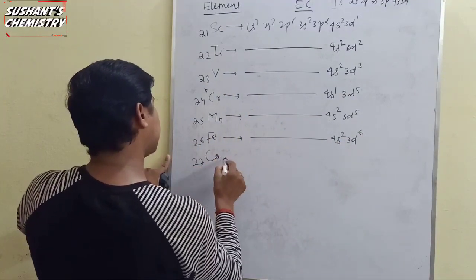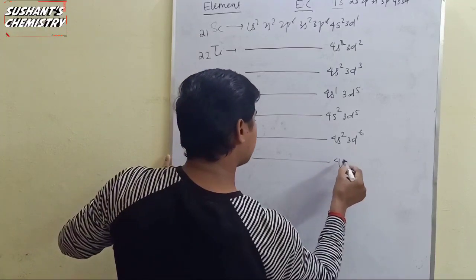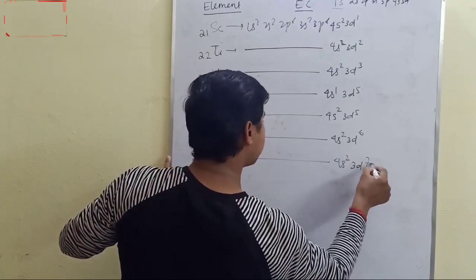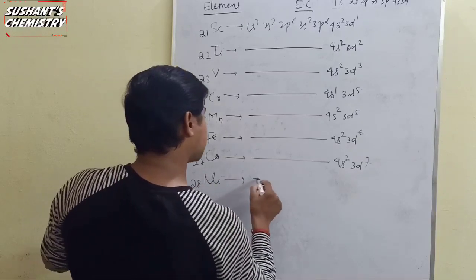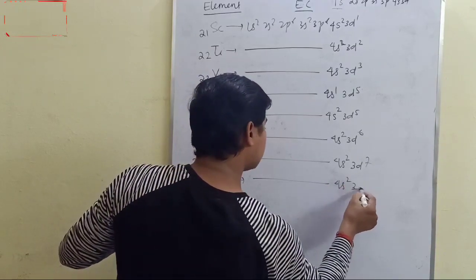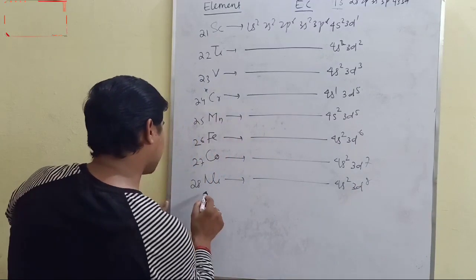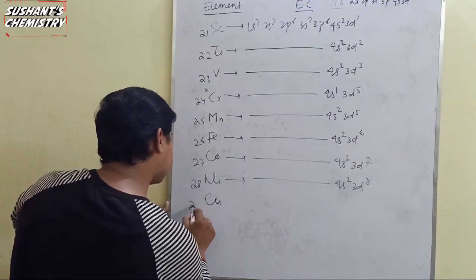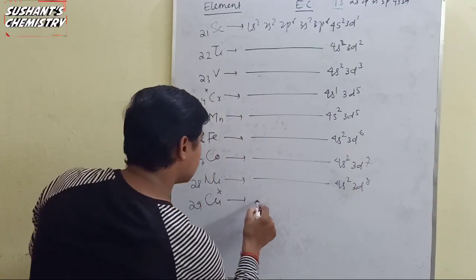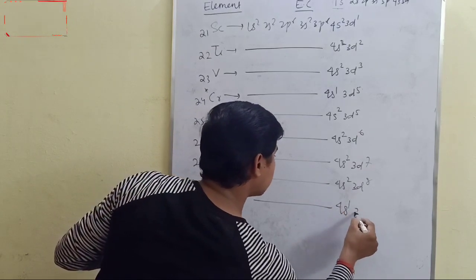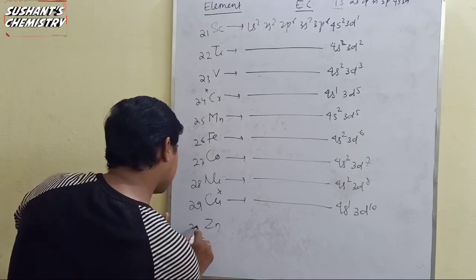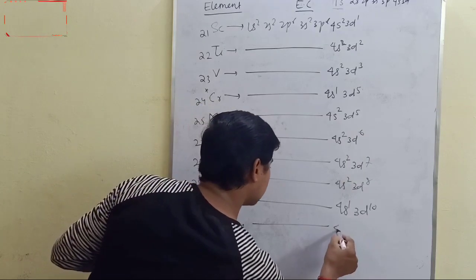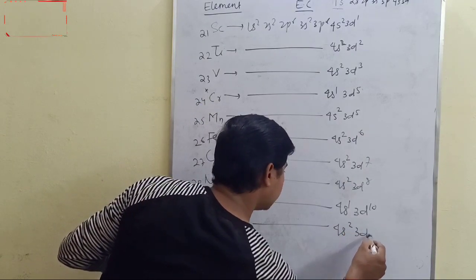Cobalt 27, that is 4s2 3d7. Nickel 28, that is 4s2 3d8. Copper 29, this one is different, 4s1 3d10. Zinc 30, that is 4s2 3d10.